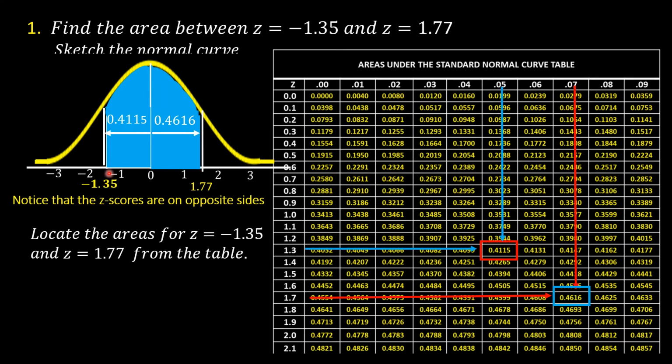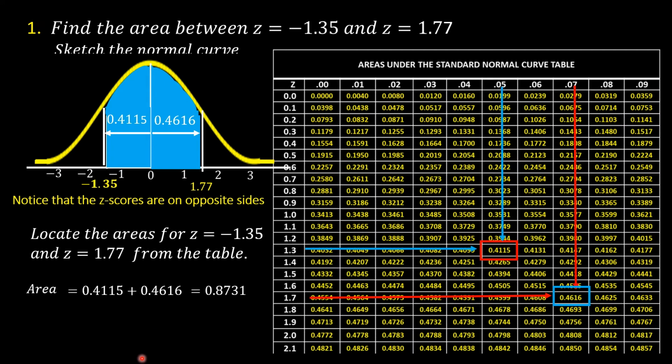The area between z is equal to negative 1.35 and z is equal to 1.77 is the sum of the two areas. So, area is equal to 0.4115 plus 0.4616.